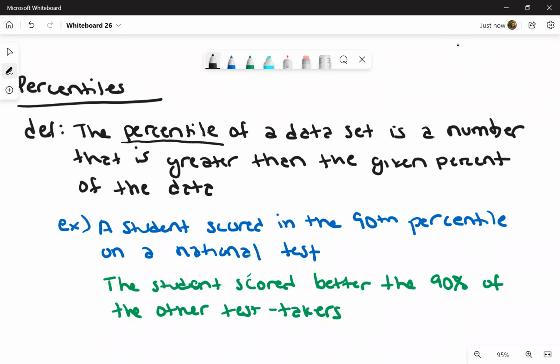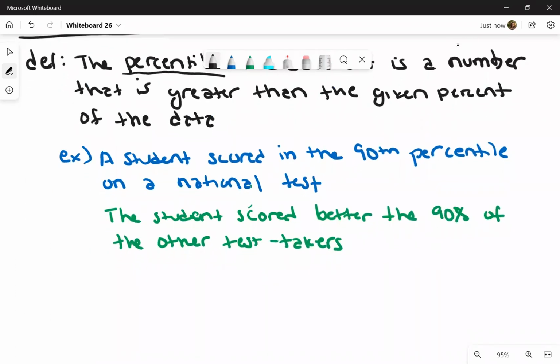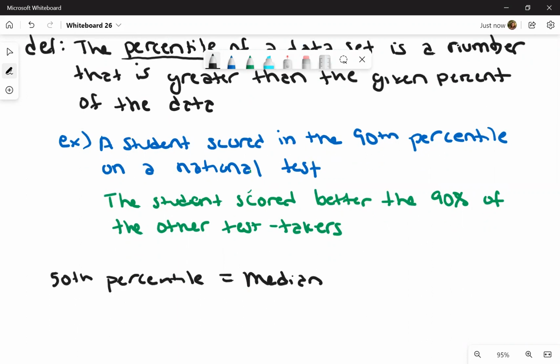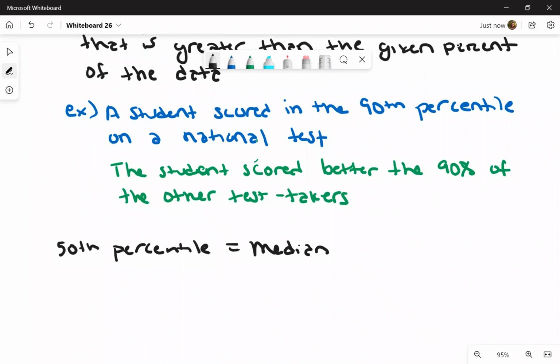The special percentile we should probably know is the 50th percentile. The 50th percentile would be the median. It's the middle of the data. They do have two other percentiles they give special names to. The 25th percentile, they call the first quartile, thinking of it as splitting the data into quarters.